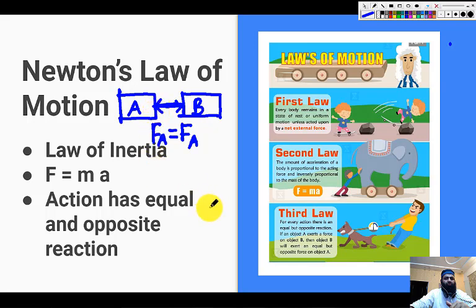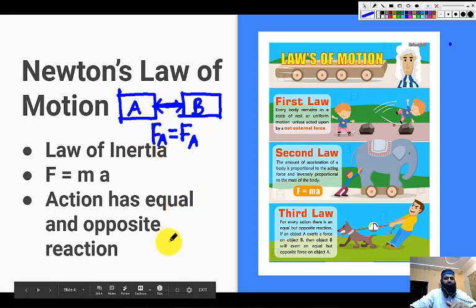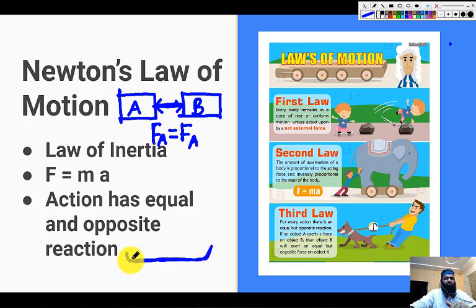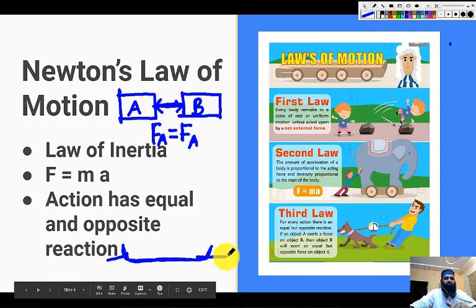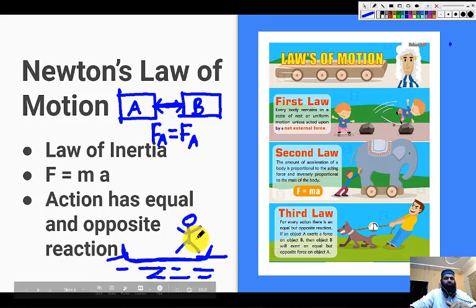So for example, let's try to make a boat here. If we have a boat, and we have water here, a person in the boat wants to jump off the boat.